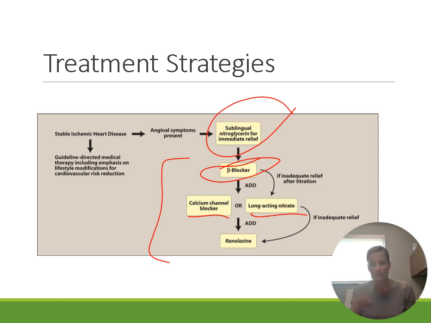Long-acting nitrate is something like isosorbide dinitrate or isosorbide mononitrate, right? Those are long-acting as opposed to the sublingual nitroglycerin, which is quick.